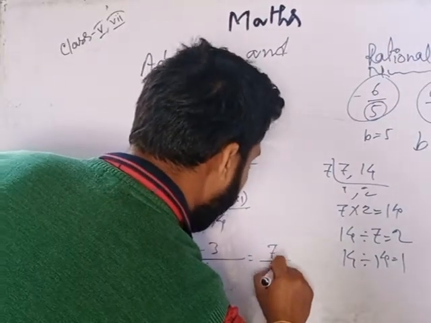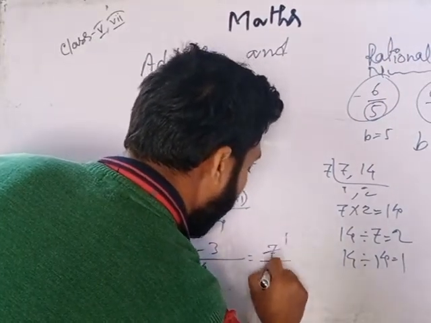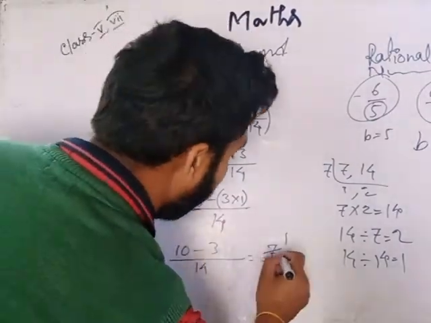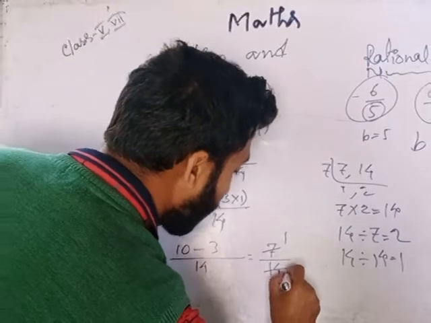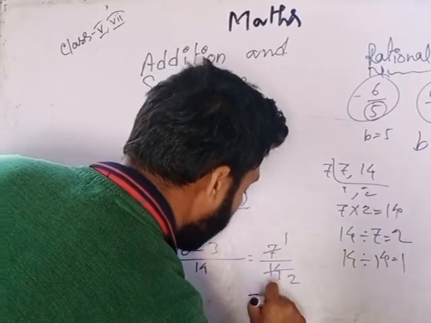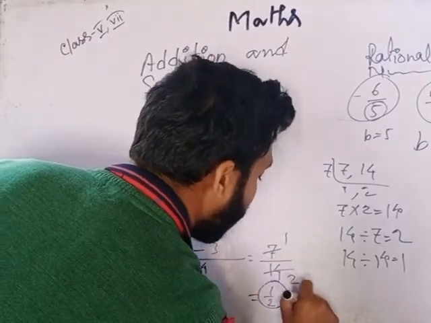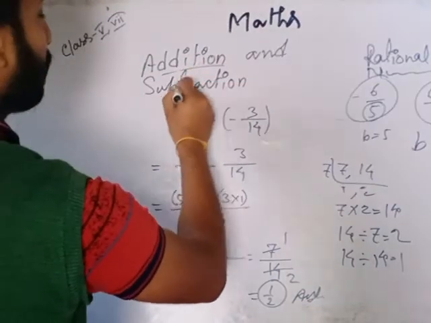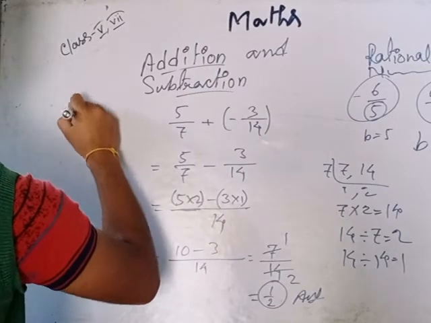That is 7/14. 7 and 14 are divisible by 7, so we should divide both numbers by 7. 7 ones are 7, 7 twos are 14, that means it is 1/2, that is half. It is the answer. Okay, this is the addition or subtraction of rational numbers.